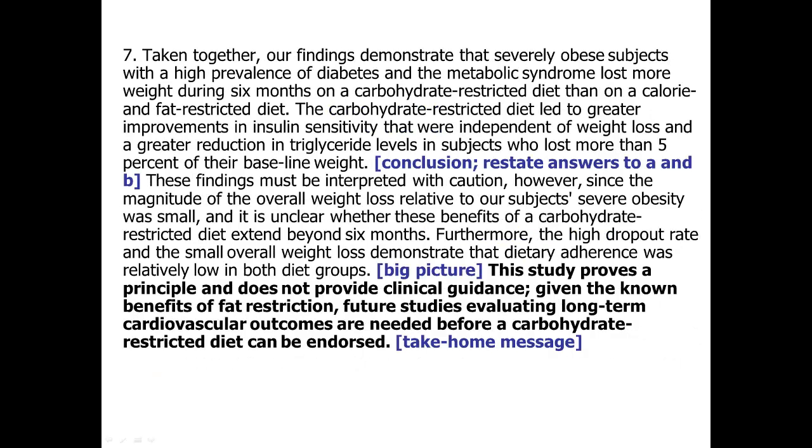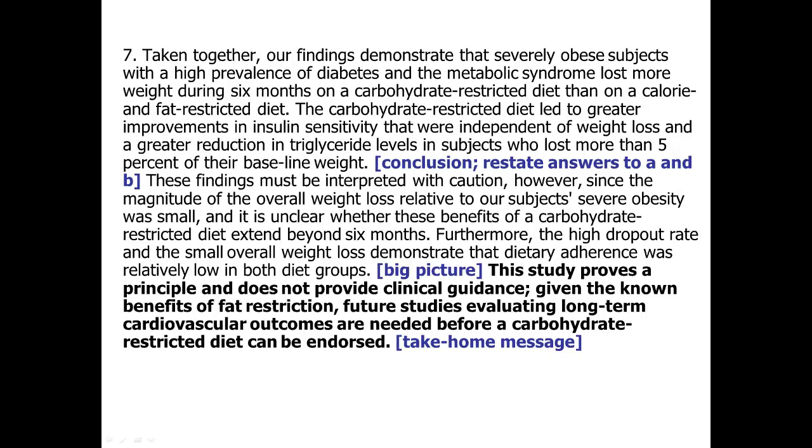So this discussion section was 7 paragraphs long, so here's the last paragraph. So notice that they restate, in the last paragraph, their conclusion. They restate their answers to the 2 questions they were asking. So that's okay. You actually want to recap. Taken together, our findings demonstrate that this population lost more weight during 6 months on a carb-restricted diet than on a low-fat diet.